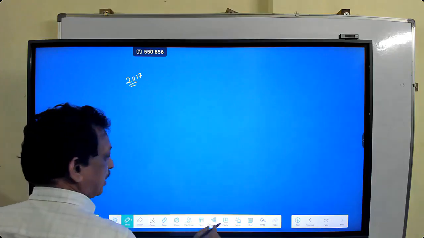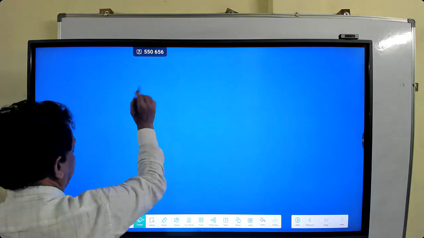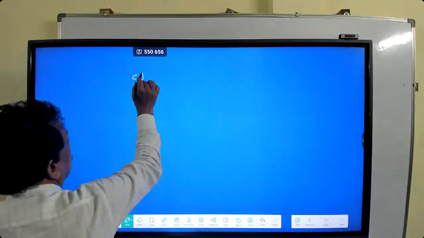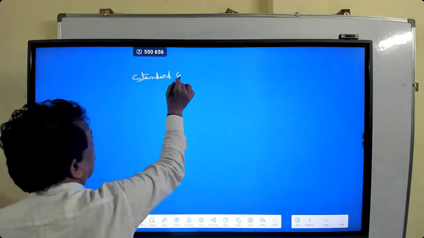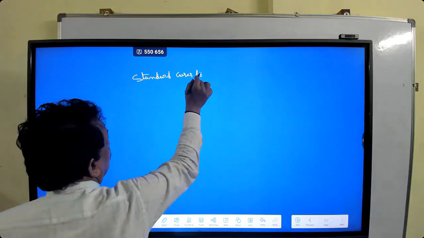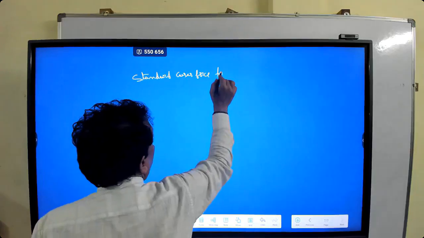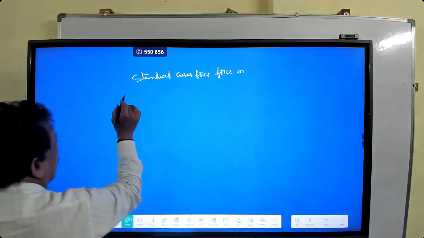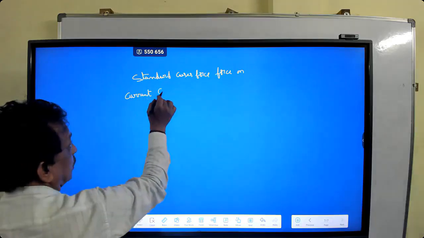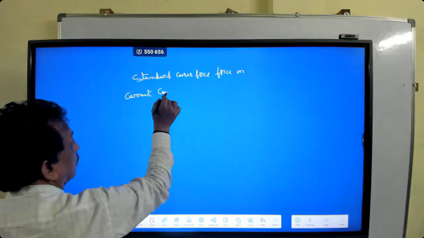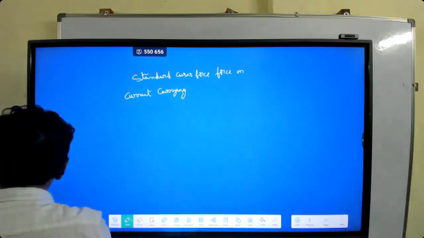Standard cases for force on current carrying conductor.